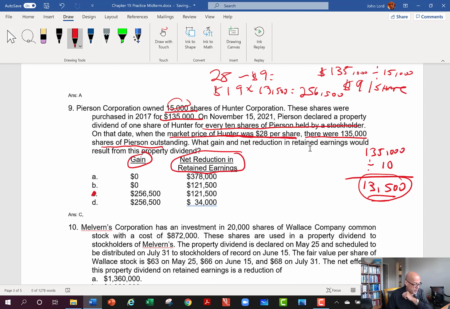So first I'm going to tee up my retained earnings, and I'm going to make the journal entry that's going to consider this gain. I think it's better to put the T account for retained earnings over here and do my journal entry for my investment account over here.